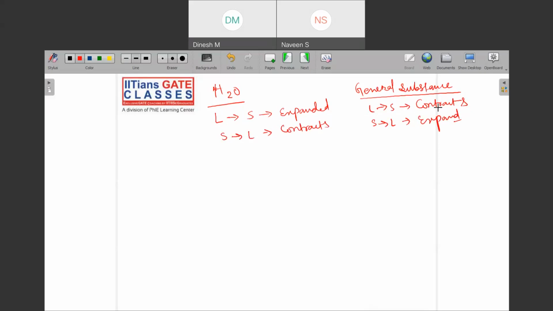So the curve which we have drawn, the PT curve now, for a general substance we have drawn something like this, right? This is your solid region, this is your liquid region, and this is your vapor region.